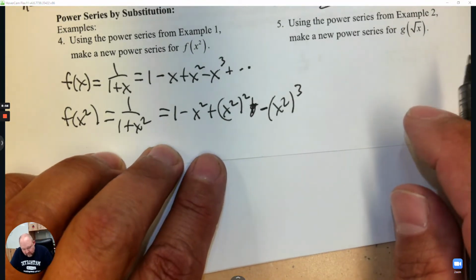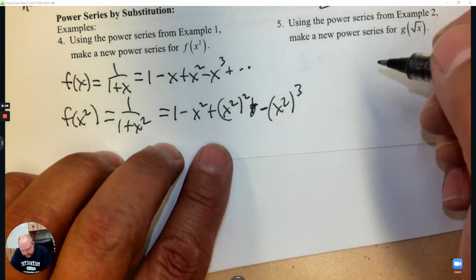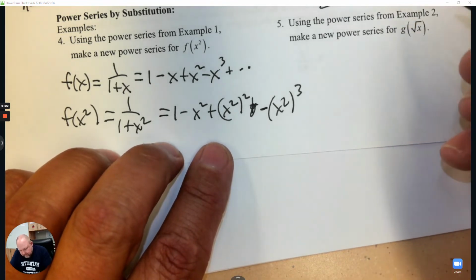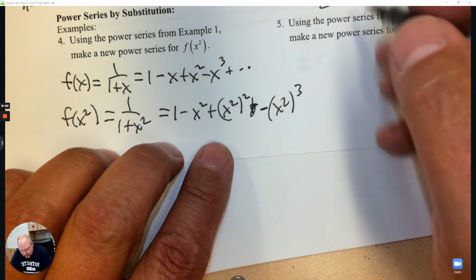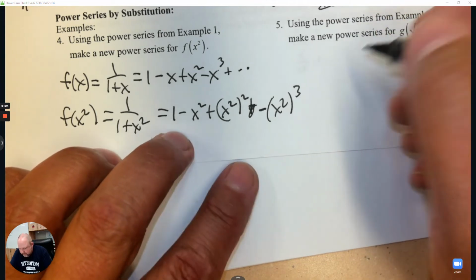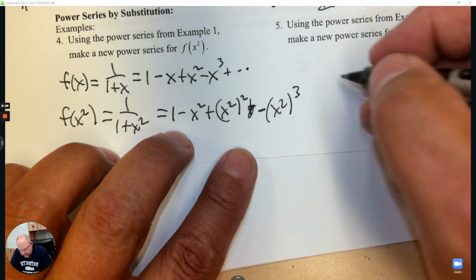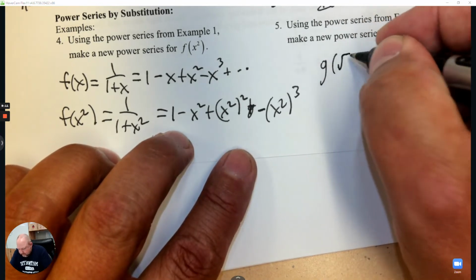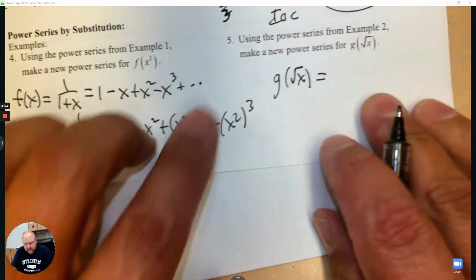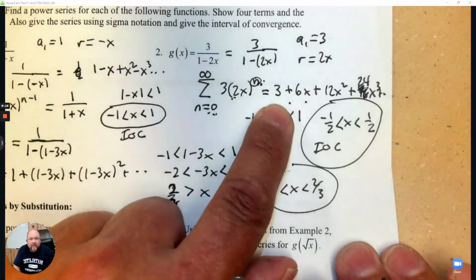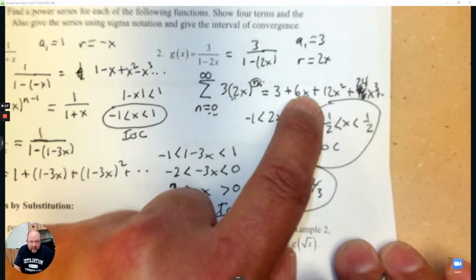From example number 2, use the square root of x. So in example number 2, where there's an x, I'm going to put in the square root of x.